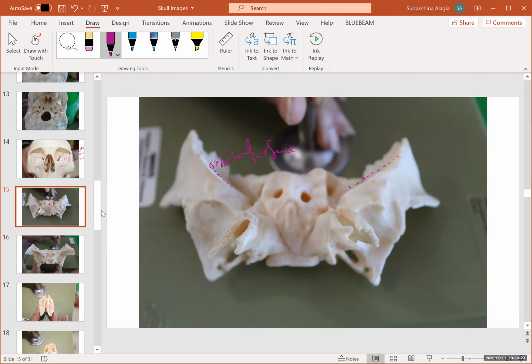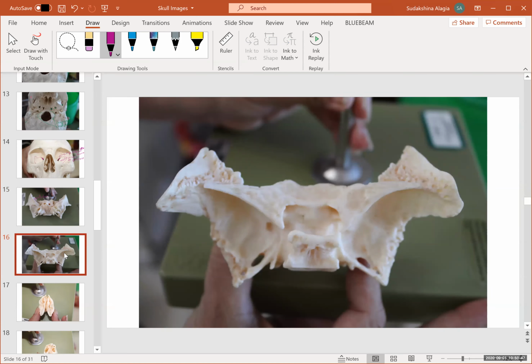From there, let's study the greater wings, lesser wings, the sphenoidal sinus, pterygoid process, sella turcica, and orbital surface. We don't have a whole lot of structures. Okay, so the sphenoid is called the butterfly bone because it looks like a butterfly. Look at the internal aspect.